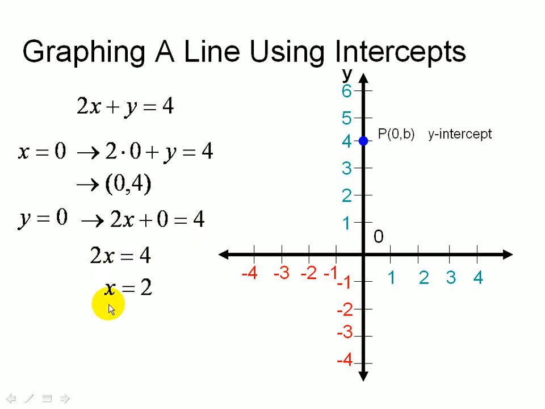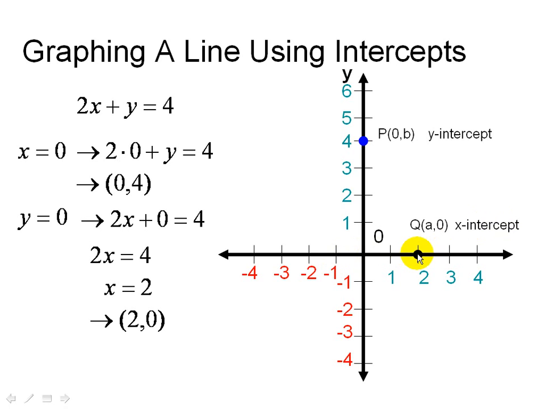Therefore, we plot the point here with an x coordinate of 2 and a y coordinate of 0, and this is known as the x-intercept, since this is the point where y is equal to 0 and it intercepts the x-axis at this point.